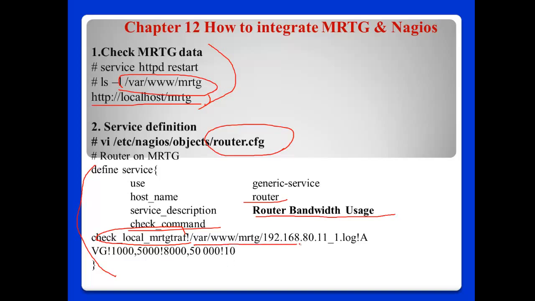So the log file here, in my case, the router IP address, this one 8.11, and the average, this one mean. The 1000 and 5000, the 1000 byte and 5000 byte mean kilobyte, this one 5 kilobyte. This is a range of the warning message. And the 8000 and the 50,000, this is a range of the critical message. This one will be the expire time.